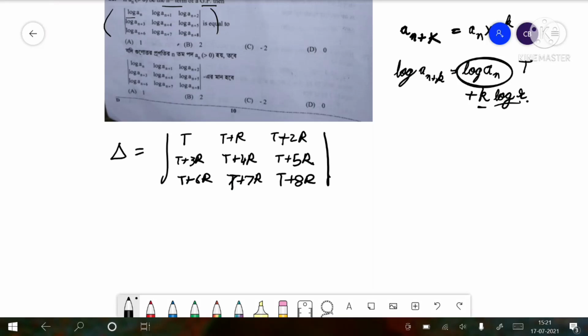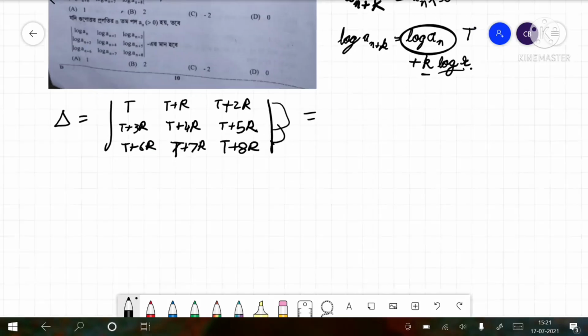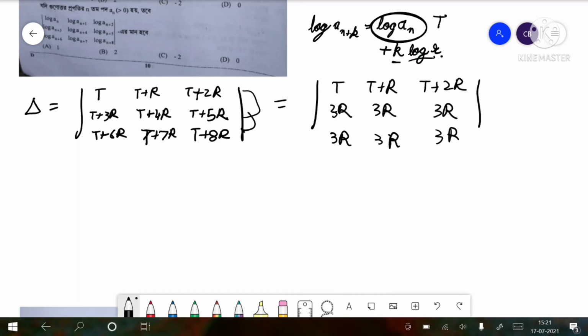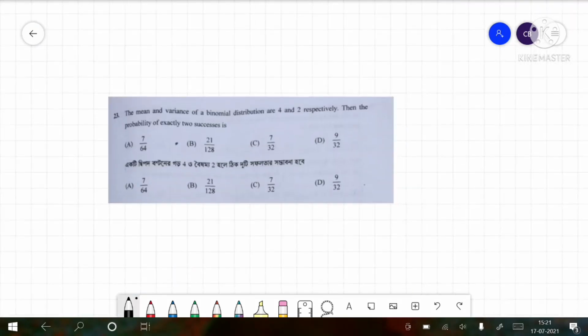Now if we subtract row 2 from row 3 and row 1 from row 2, we get 3r, 3r, 3r, and 3r, 3r, 3r. So we see two rows are the same, therefore the determinant is equal to 0. D is the answer. Moving on to the next question.